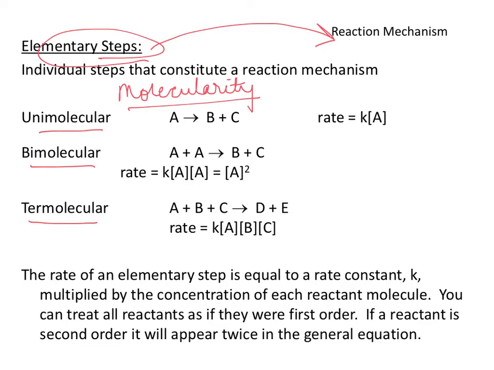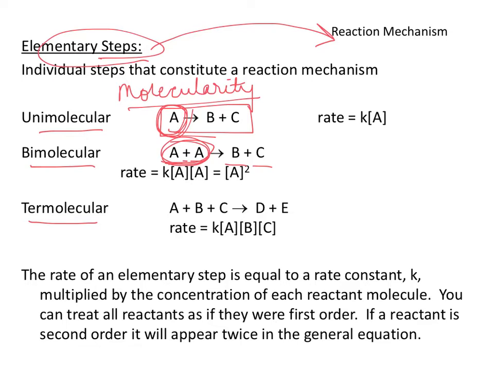All right, molecularity is nothing but the number of reactant particles that are involved in a certain step. If your reaction is A giving you B plus C, since there is only one kind of molecule present here, we are going to call this a unimolecular reaction. On the other hand, if you have A plus B giving you A plus A, or 2A giving you B plus C, that would mean that two molecules are involved, and so we'll call this a bimolecular reaction.